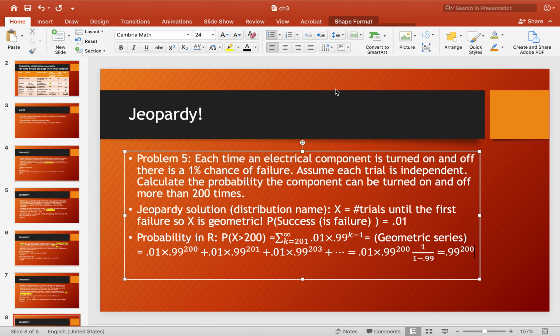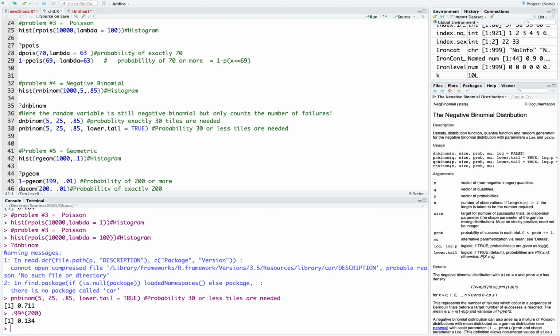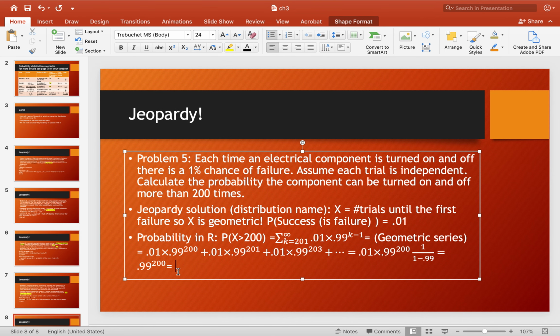Then we need to figure out what that is. It's 0.134. So about a 13% chance that this component works for more than 200 switches. So I wouldn't count on it.